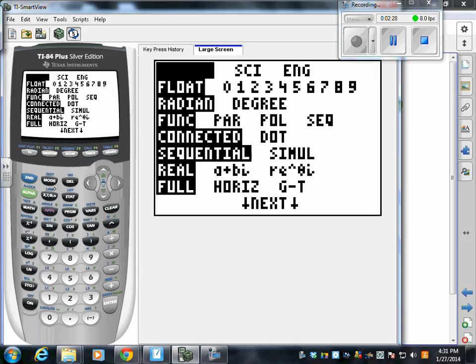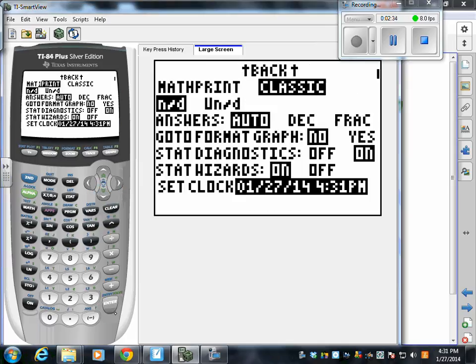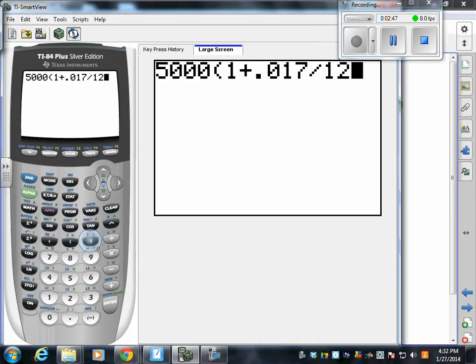Let me change my calculator here real quick, because I want to make sure that you get this right when you put it in there, so that mine will look like yours. I would put 5,000 parentheses 1 plus 0.017 divided by monthly was 12 to the parentheses, and there's two things, 12 times 7.